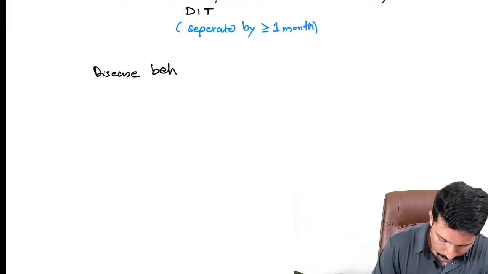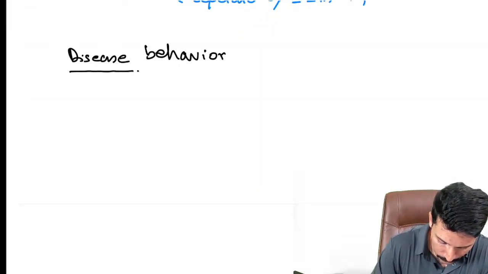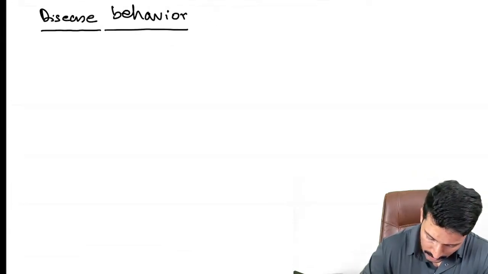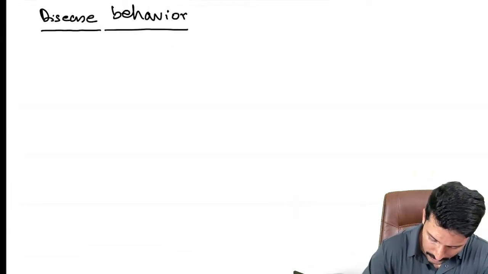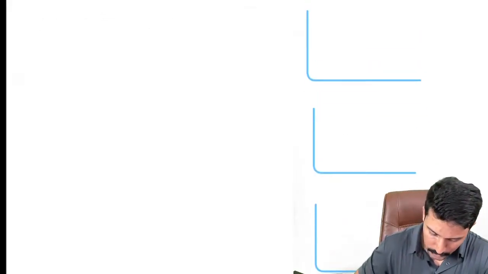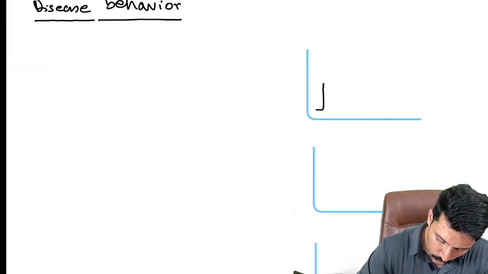Disease behavior. Based on how the disease behaves, we have different types of multiple sclerosis. And for those types, you should remember the graphs that we had sketched. So there are 3 major types. The first one and the most common is where there will be multiple episodes of demyelination.